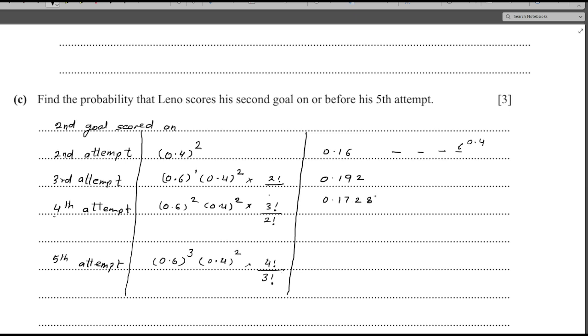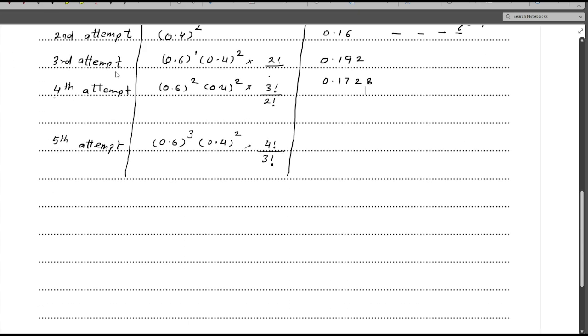Next I have 0.6 cube times 0.4 square times 4. So it is 0.1382. Let us take 2.